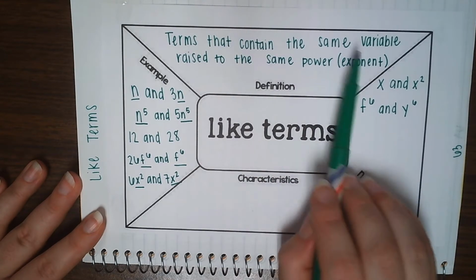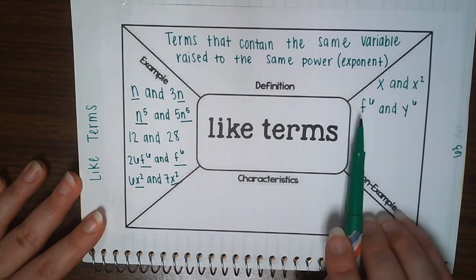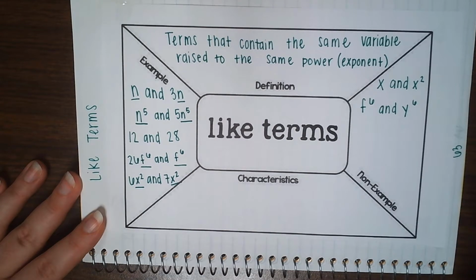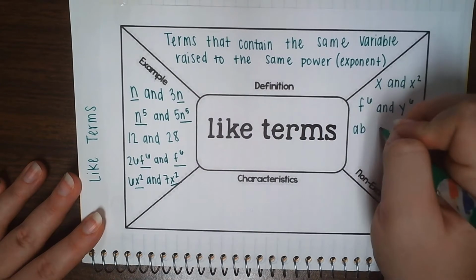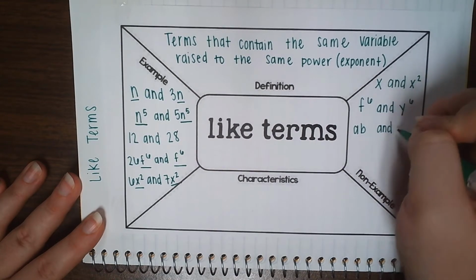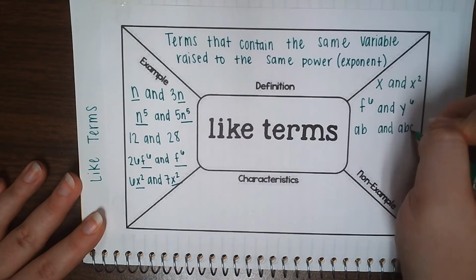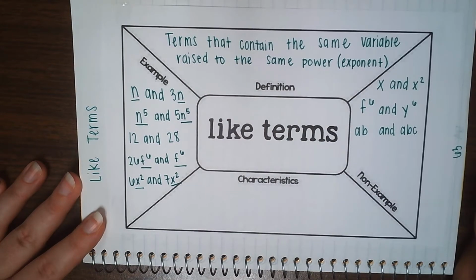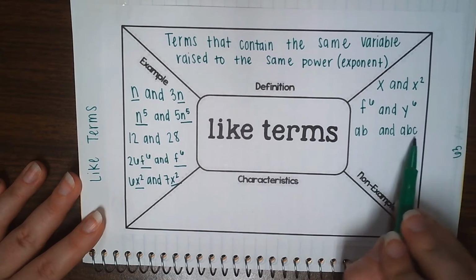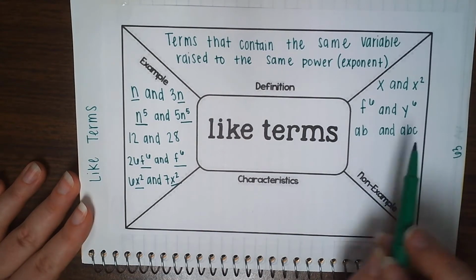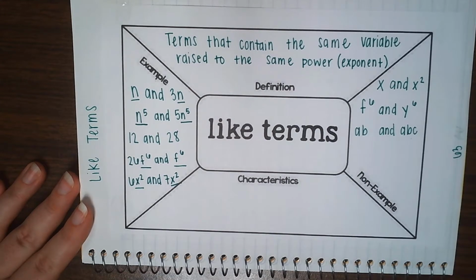They have to be the same variable. F and y are not the same variable. Also, if you have AB and ABC, those are not like terms. You have to have all three of them. So AB and ABC are not like terms.